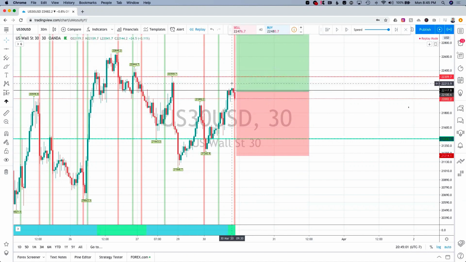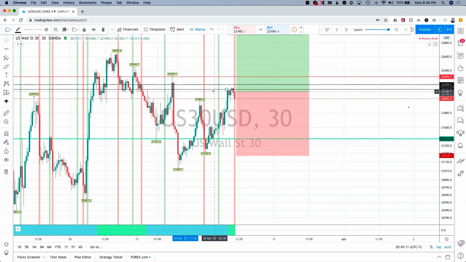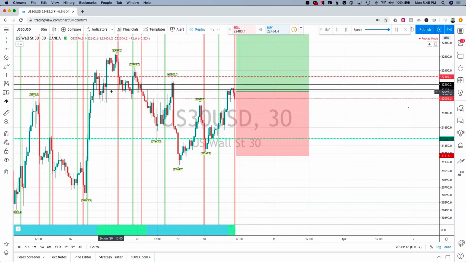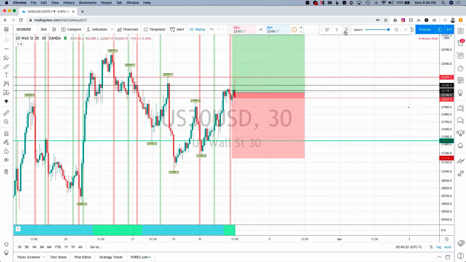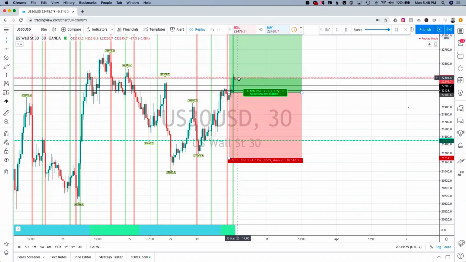Gotcha. Yeah. So if you have a 500 pip cushion, price could be up here and then your stop loss could be right here and then you still wouldn't trigger it even though you have the spread. Mm-hmm. And that's the main reason, because I want to at least make it to break even. If price breaks the resistance like it did right here, it automatically adjusts.